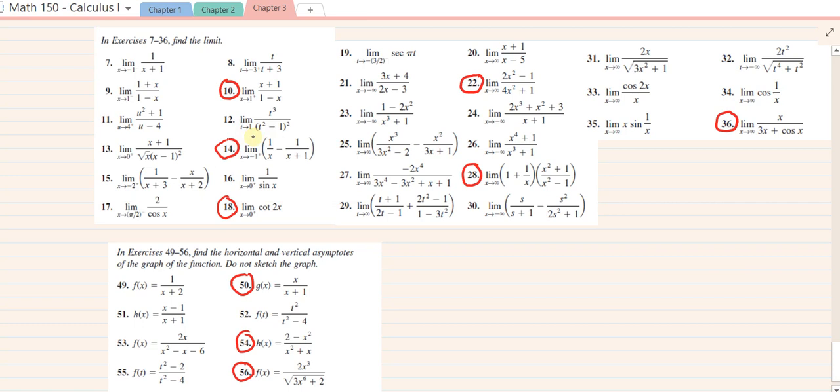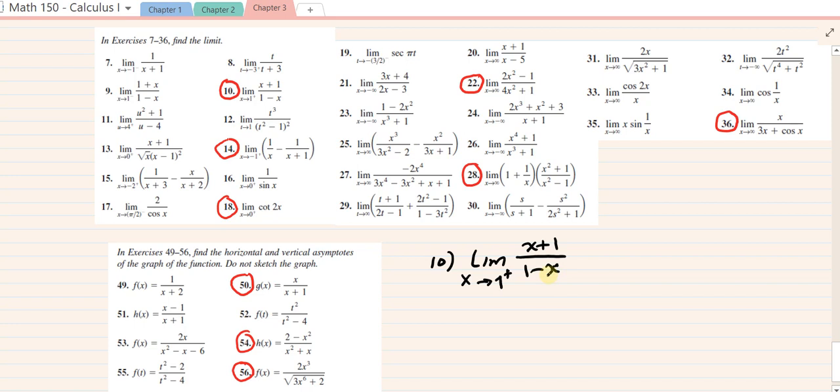In exercise number 10, we want to find the limit as x approaches 1 from the right of x plus 1 divided by 1 minus x. Now, we want to do this without graphing.